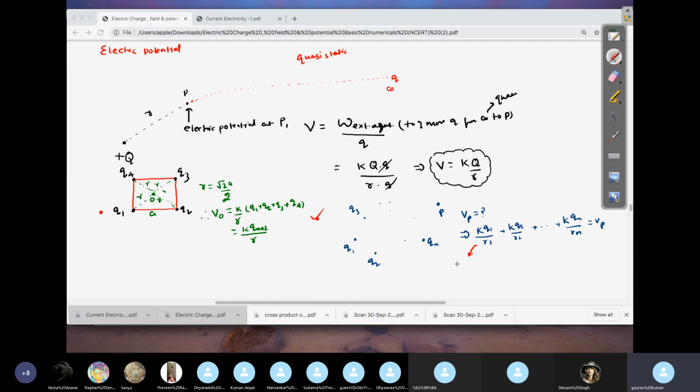If R1 equals R2 up to Rn, all equal to R, then V of P can be written as kQnet by R. And one of the very common applications of this is, let's say, they give you a ring of charge.